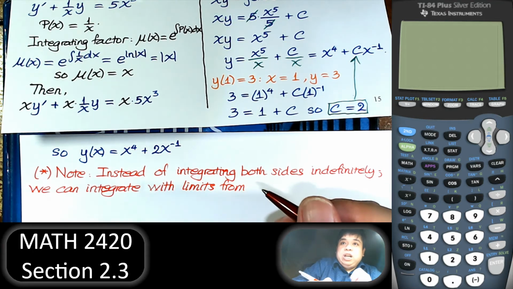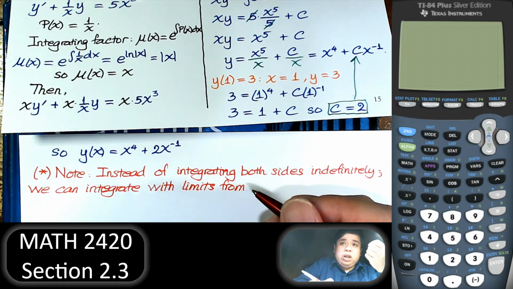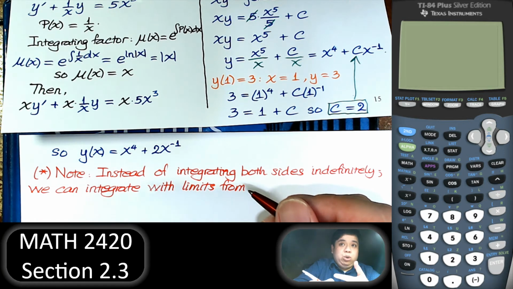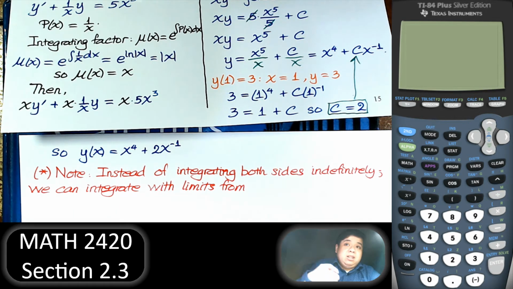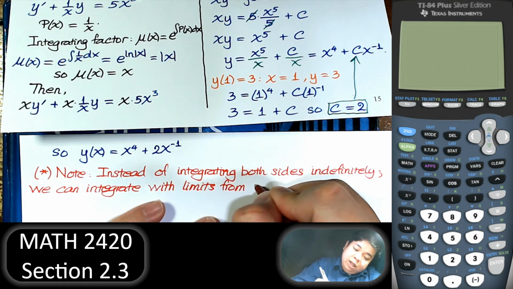So the problem has to be an initial value problem to have the initial condition. If there's no initial condition, we cannot do this. This only works if it has the initial condition with limits from the initial condition.